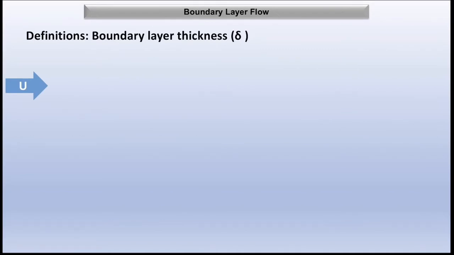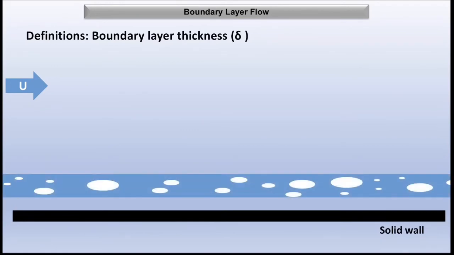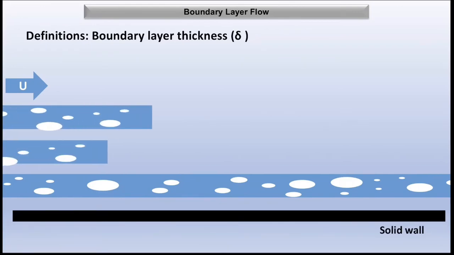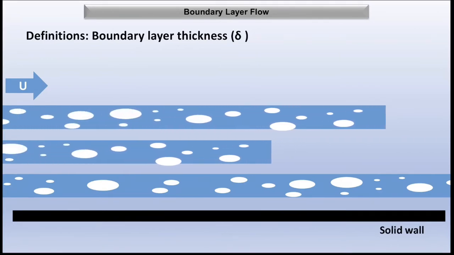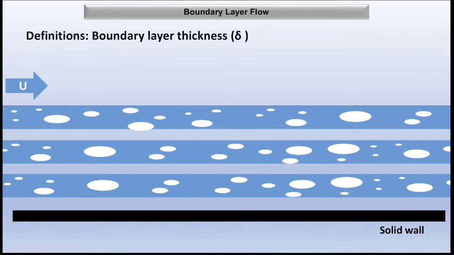Now imagine there is one solid wall. The very first layer of fluid near the solid wall will be stationary because the solid wall is stationary, and the second layer has the same velocity, and the third layer is getting more velocity than the second one.